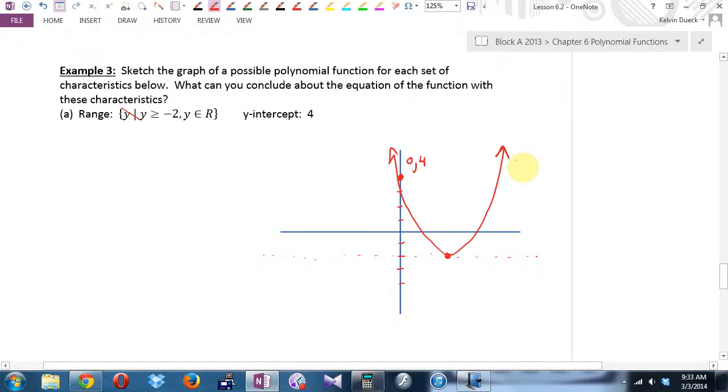So I can tell you a fair bit of information. I can tell you that this is a quadratic. I can tell you it has to have degree 2. Hey, the leading coefficient here, must it be positive or negative?